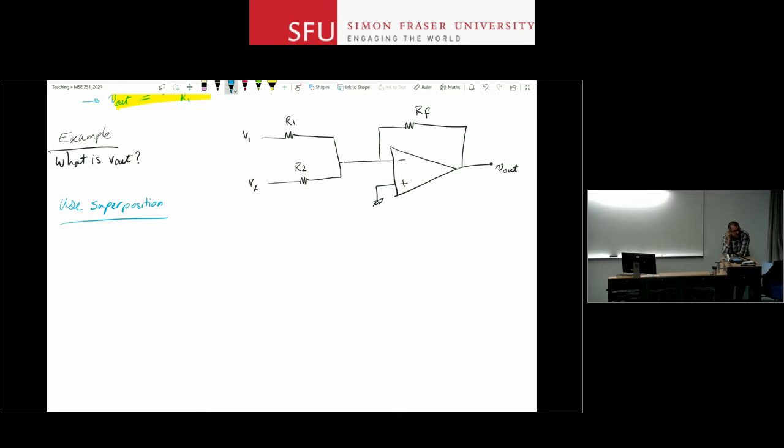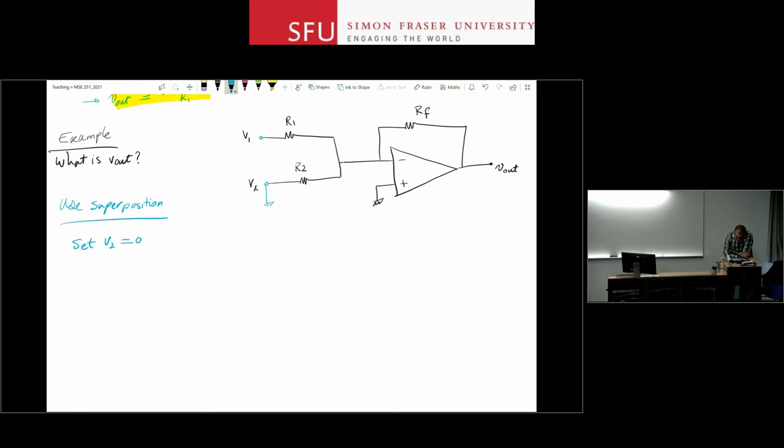It's a linear circuit, right? So it is a different condition than what we had for most of the situations in this semester so far. So set, let's say, V2 to 0, right? In superposition, you apply the sources one at a time. So you apply one source, zero the others. When you zero a voltage source, you basically get a short circuit. So I get a short circuit here for V2.